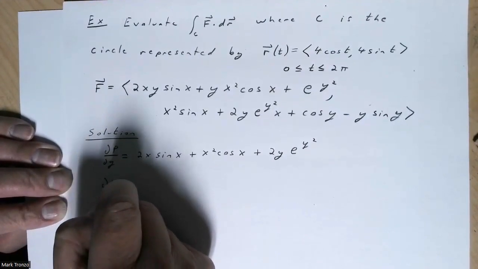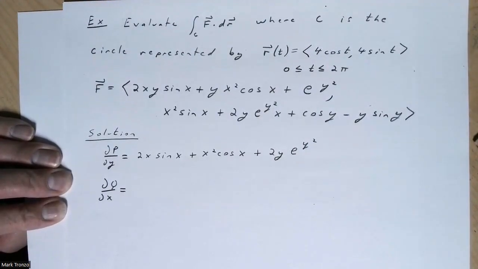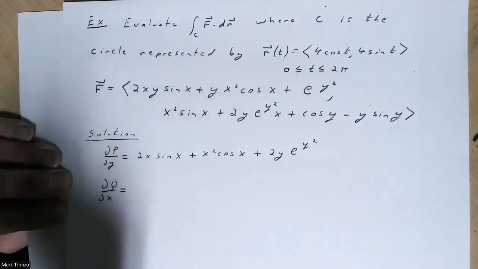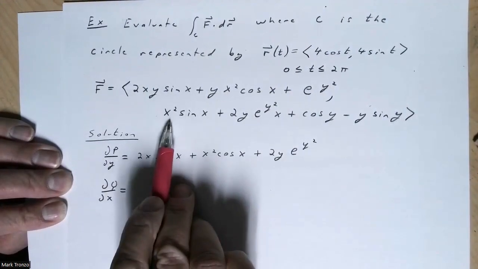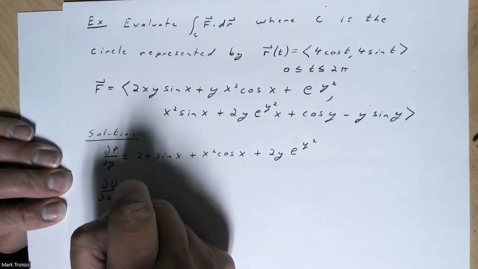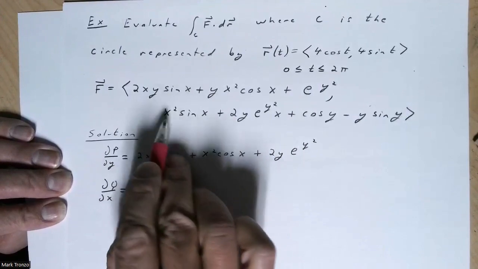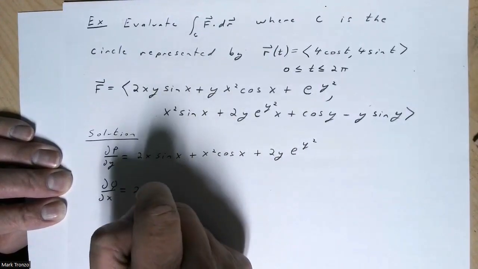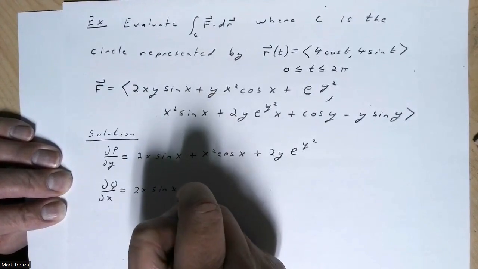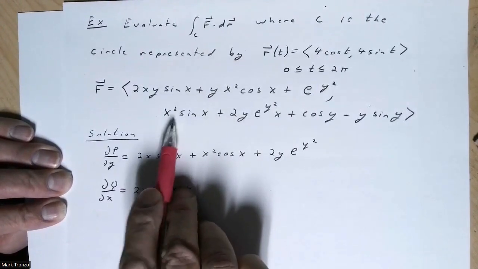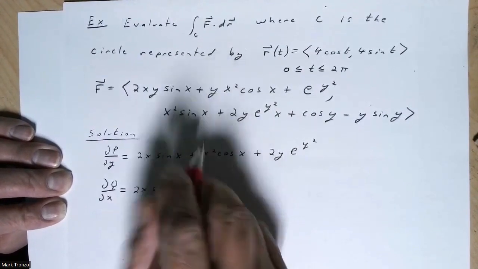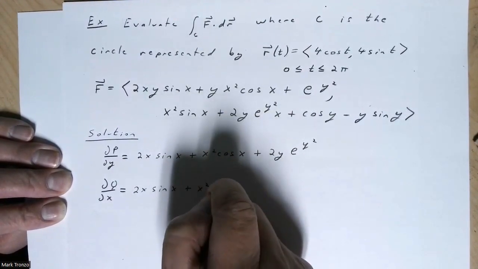And then dQ/dx, the derivative of this with respect to x. So over here, we're going to have to use the product rule. The derivative of the first times the second plus the first times the derivative of the second.